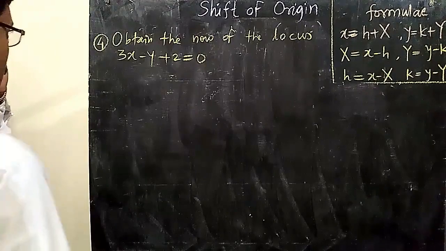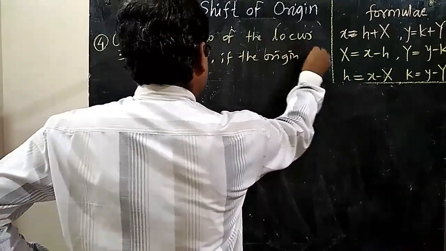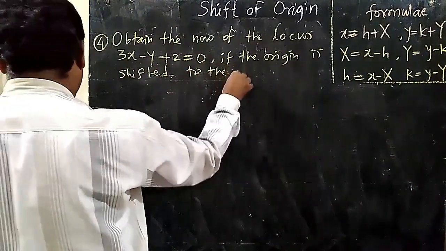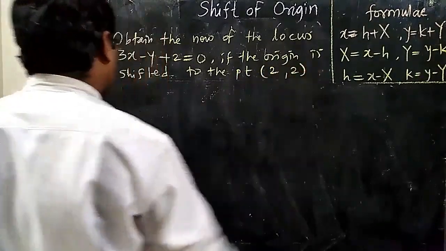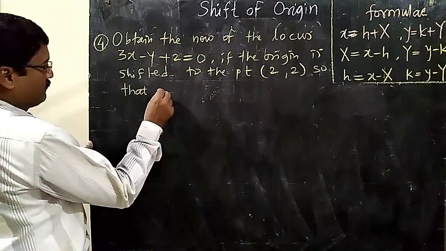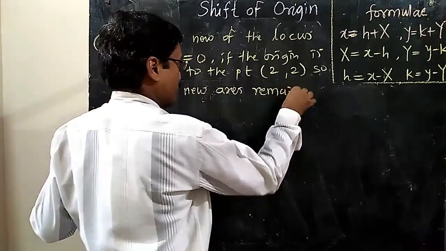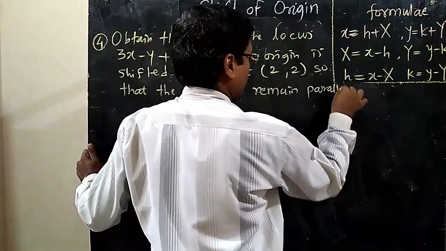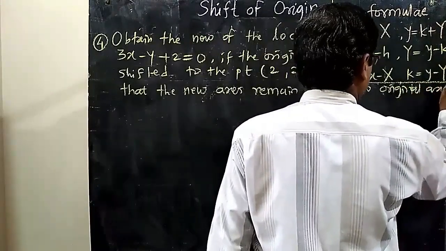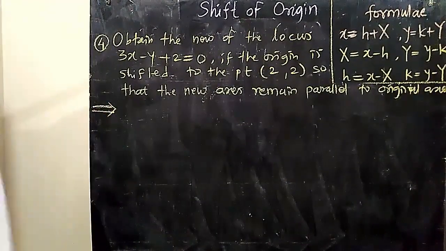We have to obtain the new equation of the locus if the origin is shifted to the point 2, 2, so that the new axes remain parallel to the original axes.